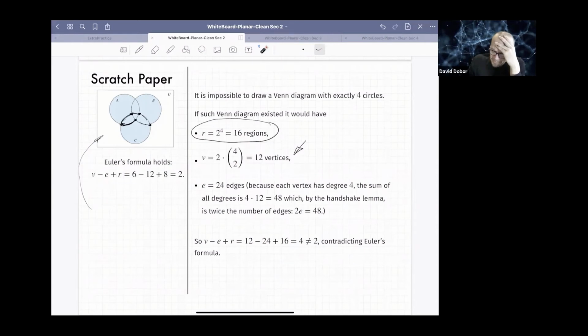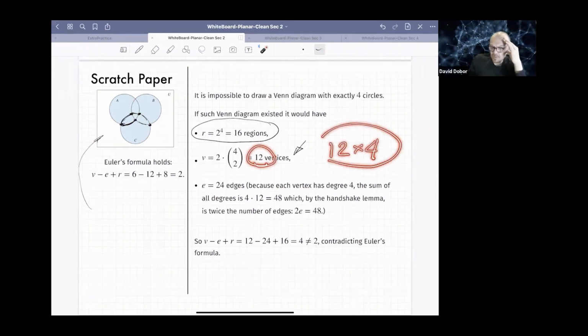But I can count the number of edges too. How? Well, is it true that every vertex has degree 4 at the intersection? Every vertex is an intersection of 2 circles, so each vertex has degree 4. So now let's account for what we have: 12 vertices, each of degree 4.